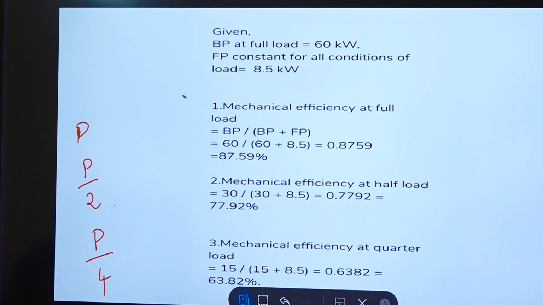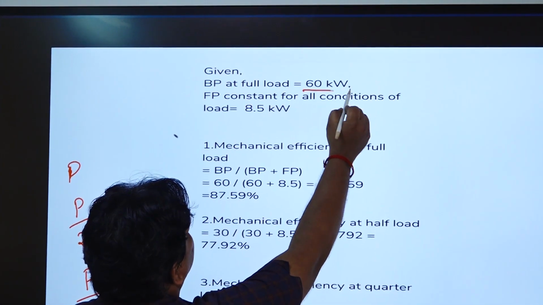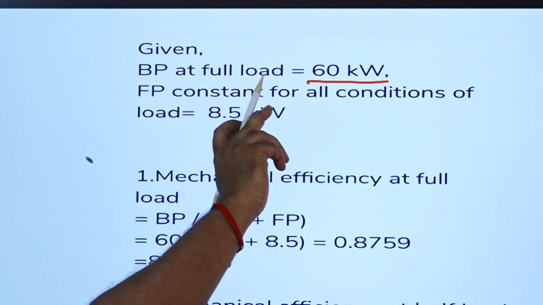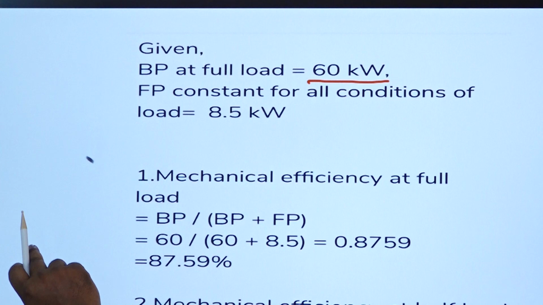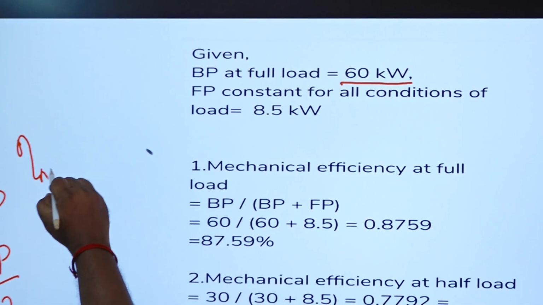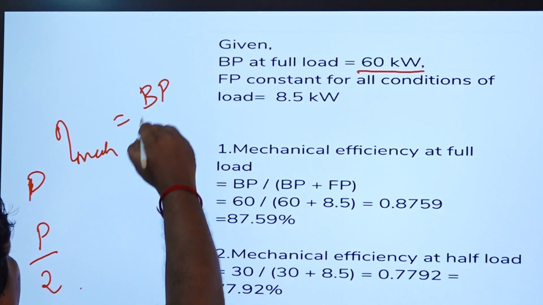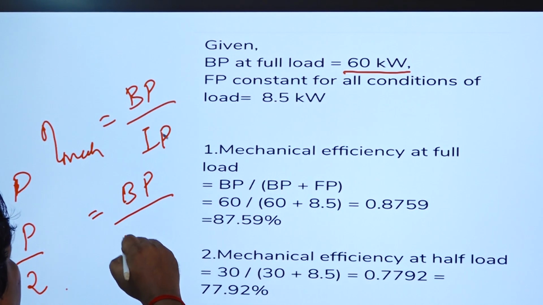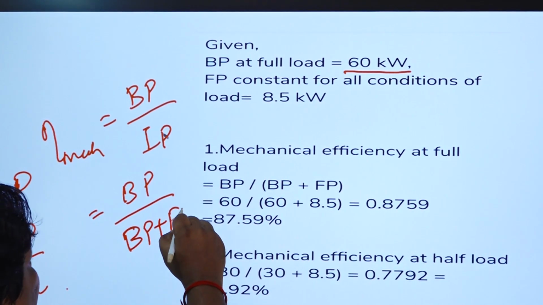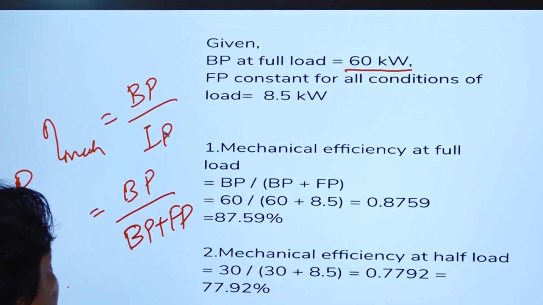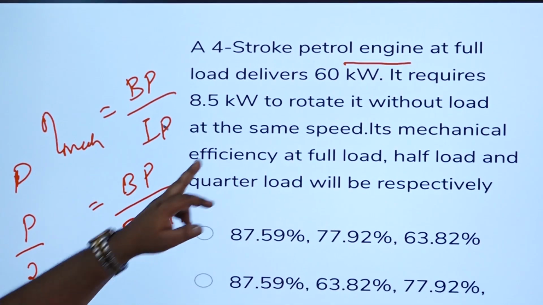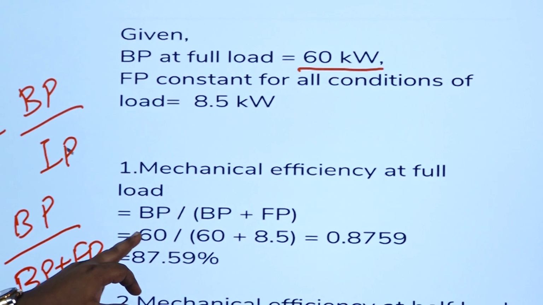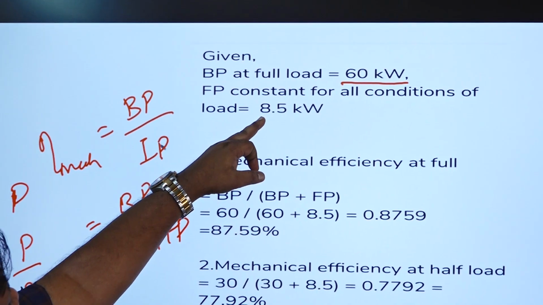At full load, brake power is 60 kilowatt. The frictional power for all the conditions is given: 8.5 kilowatt. So you have to find the mechanical efficiency, eta mech, which is BP by IP, where IP is BP plus FP. For the first condition it is 60 divided by 60 plus 8.5.